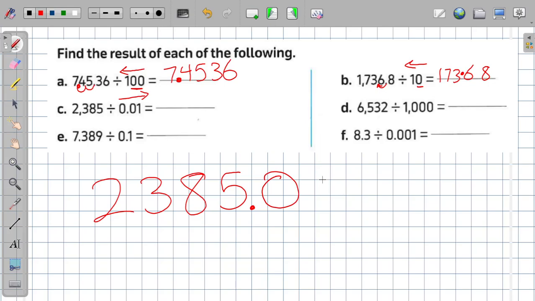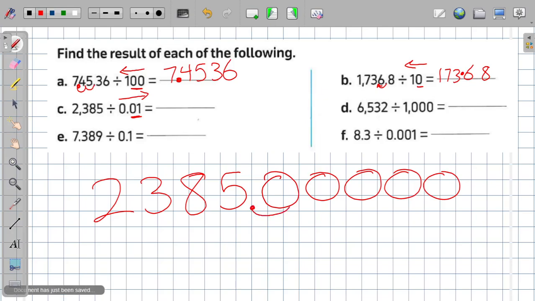I will add some zeros here, like 3 or 4 or 5 zeros, like I want. Okay, so I will move the decimal point two places because I have two digits right here. So I will move it two places to the right. So I have 1, 2. So the decimal point will be right here.